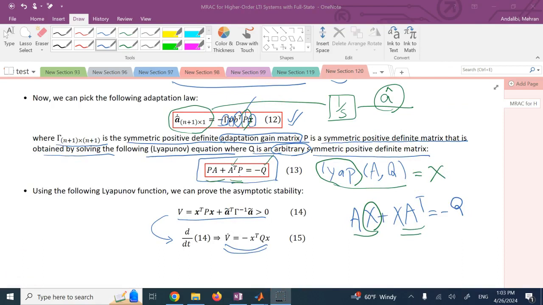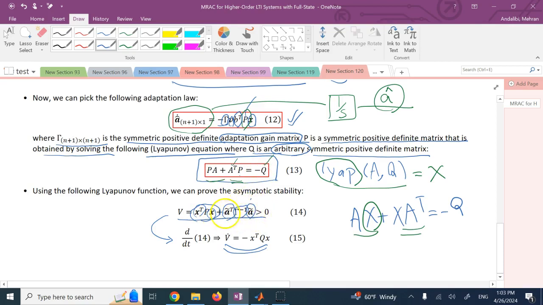Knowing that here you have basically this part. When you take the time derivative, the term that has a derivative is X. P is constant, really. So you can get the derivative of this term here. Gamma inverse is constant, so the only term that has a derivative is A tilde.